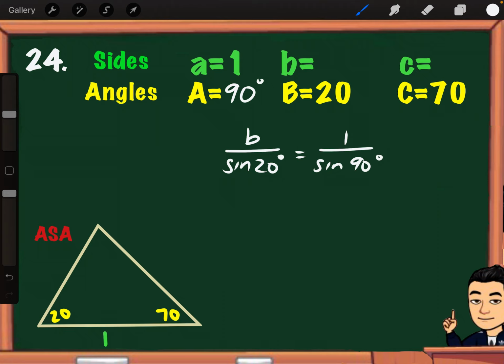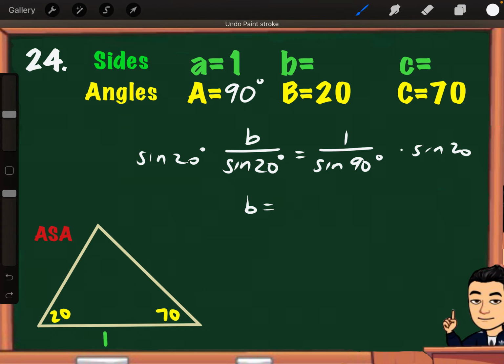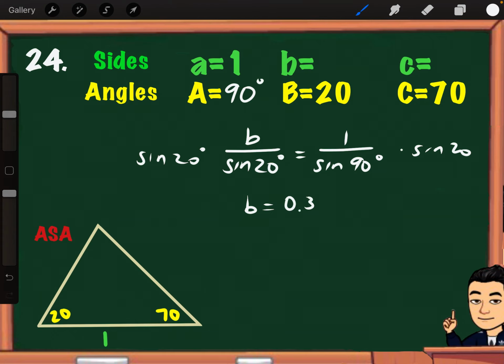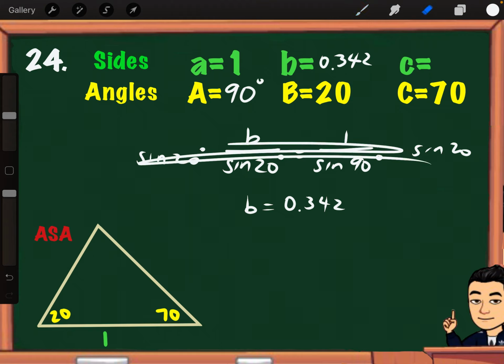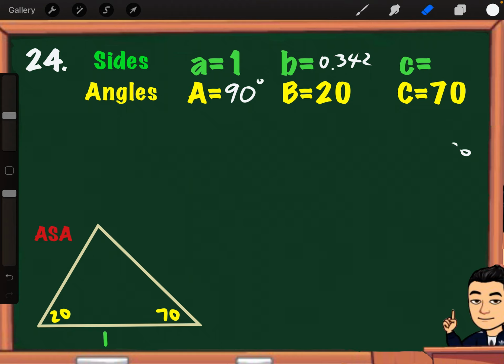So you just multiply by sine 20 degrees on both sides, my bad. You should be able to find out that B is equal to 0.342. So side B is 0.342.